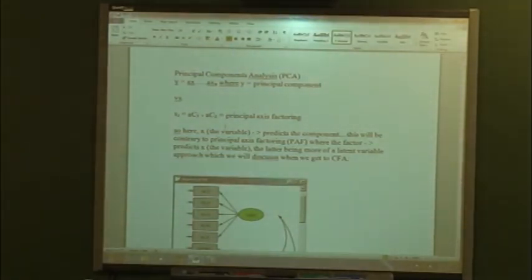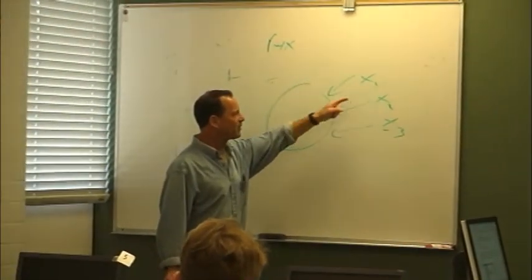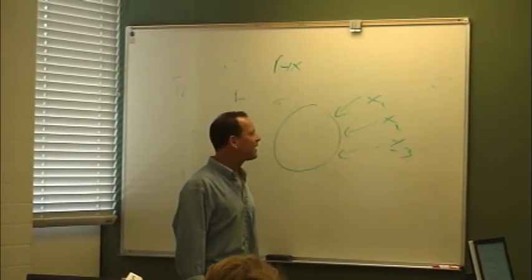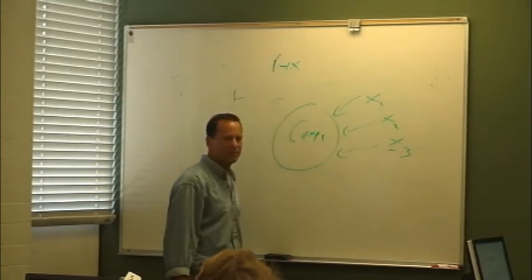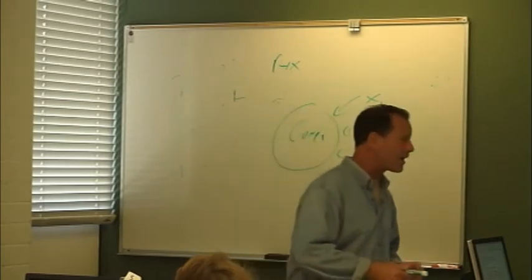X1, X2, X3. Here's your individual items. I enjoy my job. I like coming to work. Work is good to me. And here I will just call this your component number 1. Do you see that that's a linear combination of the items?